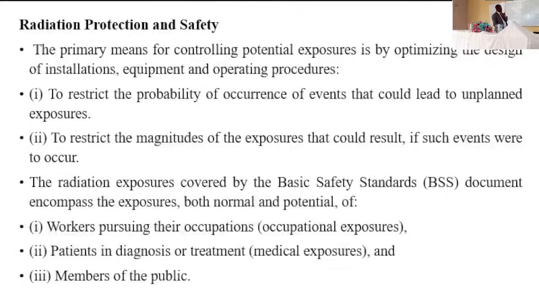Radiation protection and safety. The primary means for controlling potential exposure is by optimizing the design of installations, equipment, and operating procedures. We do this to restrict the probability of occurrence of events that will lead to unplanned exposures.